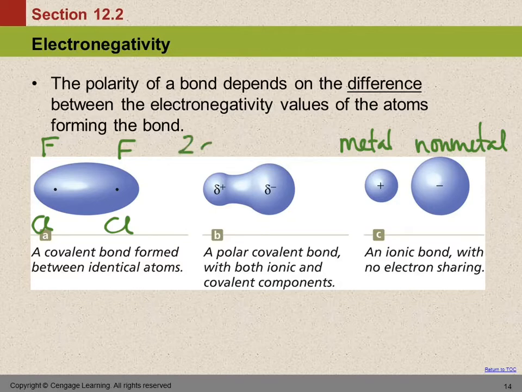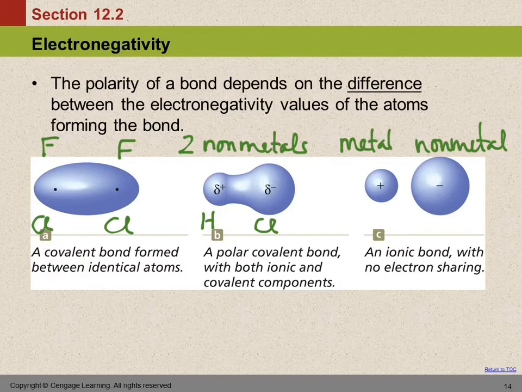This polar covalent bond is two nonmetals, not the same element. So this might be hydrogen and chlorine. If you have two nonmetals that are the same, that's going to be a covalent bond.